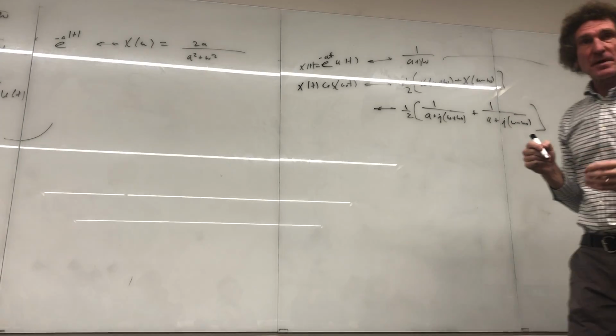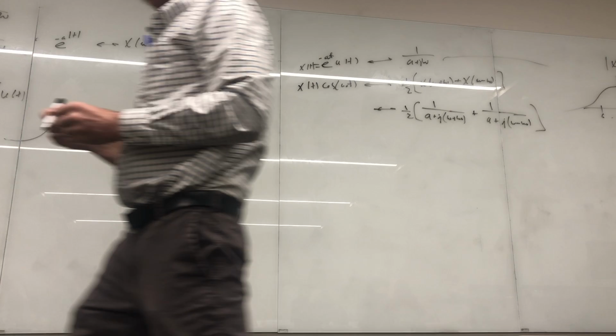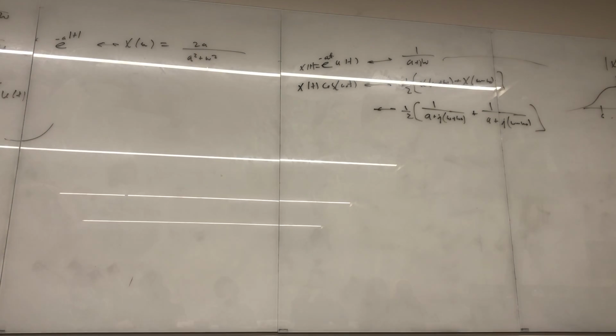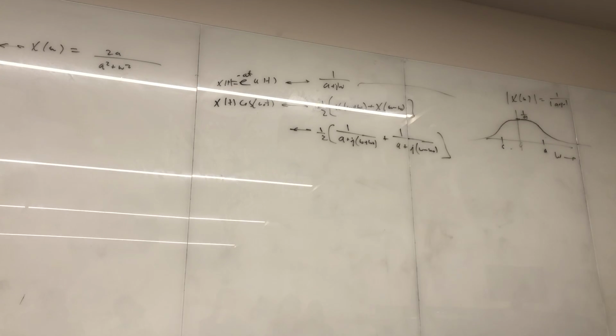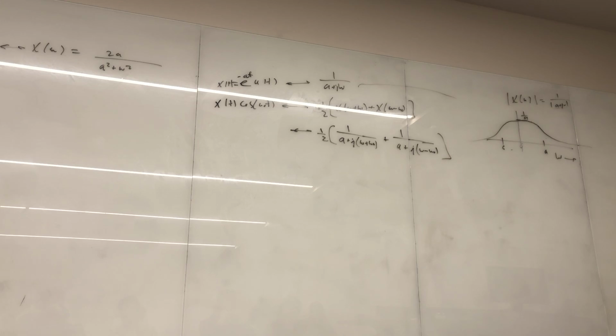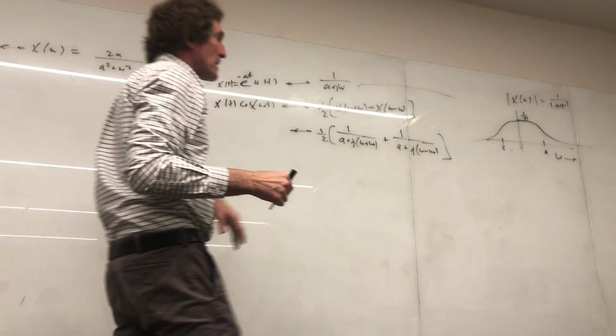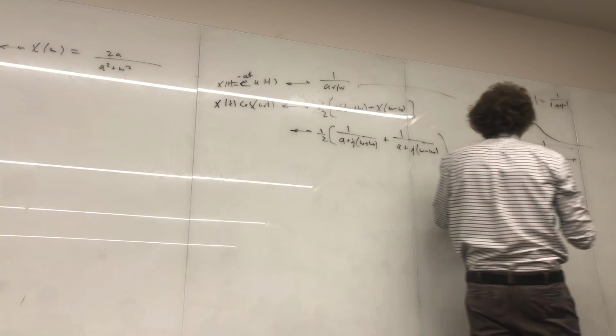Does that make sense to everybody? If a is 100, when omega hits 100, the value of 1 over 100 plus j 100, the magnitude of that is really 1 over the square root of 2 times 100, or 1 over 141, basically. It's about 70% of its peak value. And this is X of omega right here.